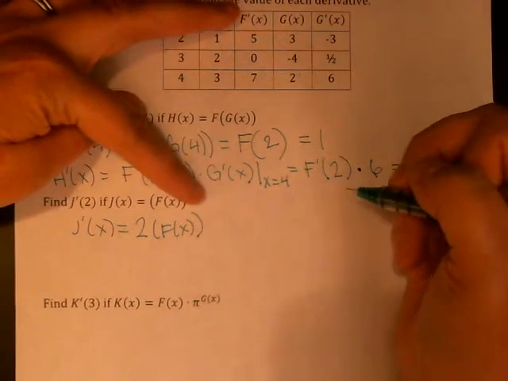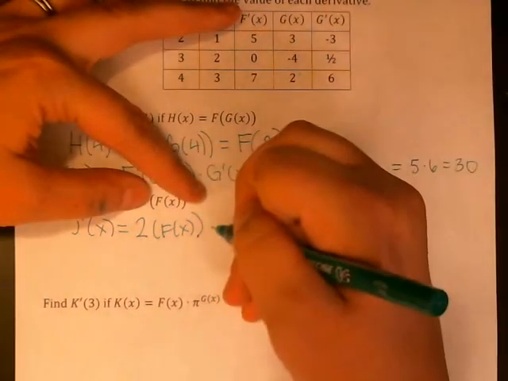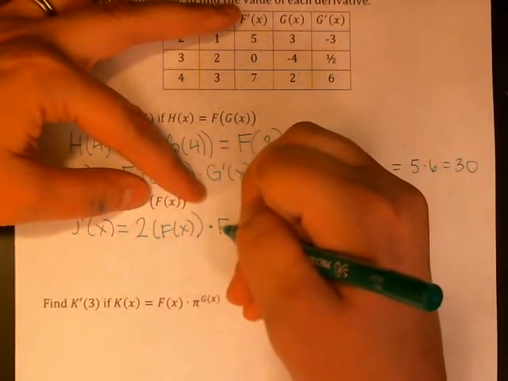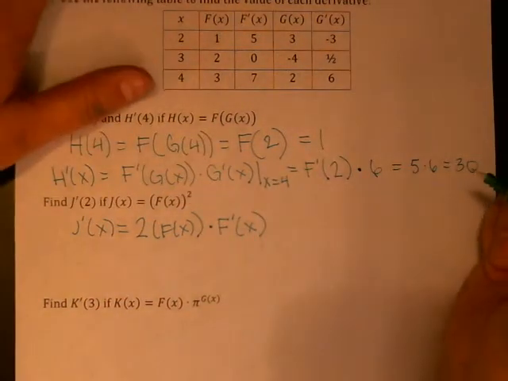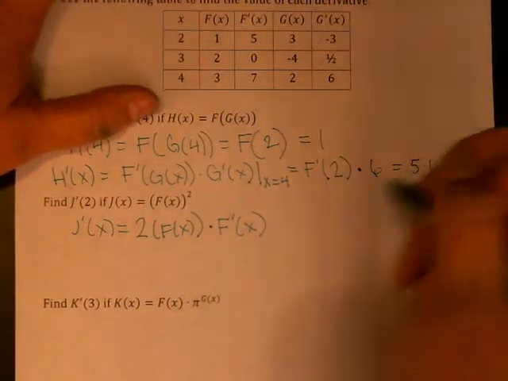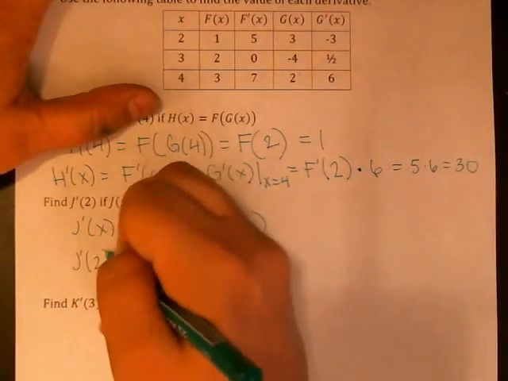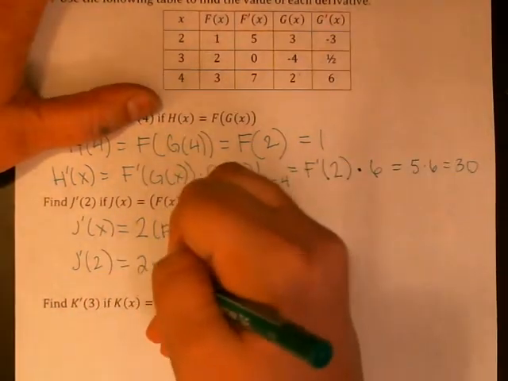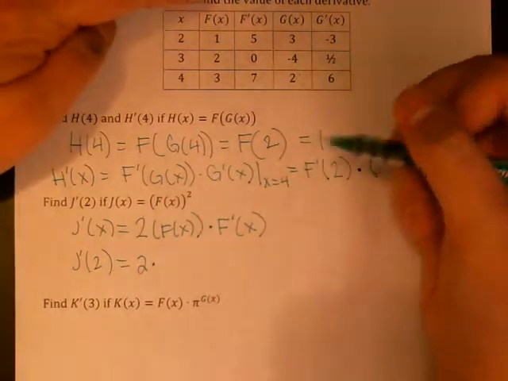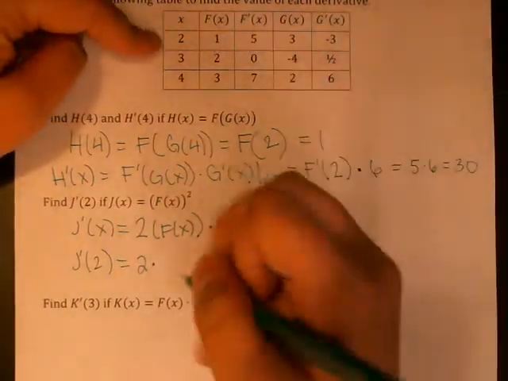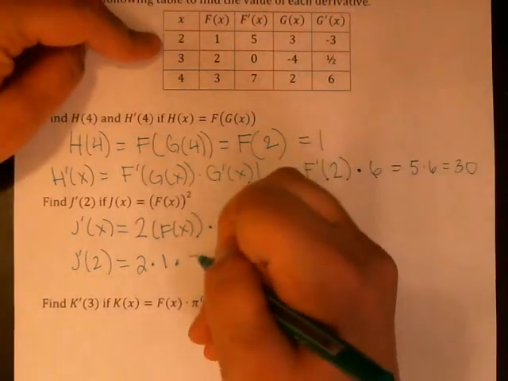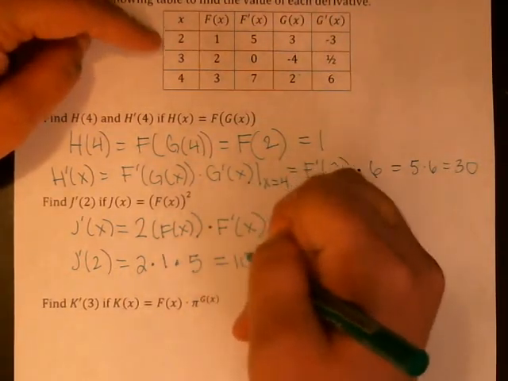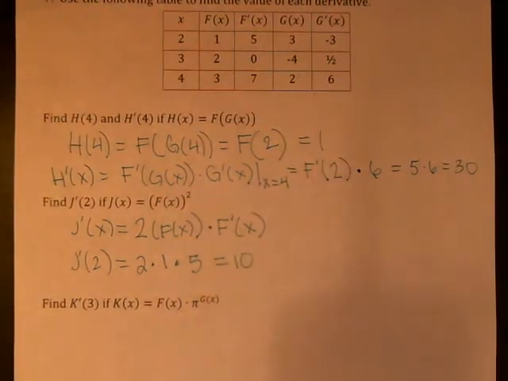And then the chain rule says once you've taken the derivative of the second power function, you would need to multiply by the derivative of the inner function, which is an f prime. Which means that j prime of 2 is going to be 2 times f of 2, which is 1, times f prime of 2, which is 5. So j prime of 2 is 10.